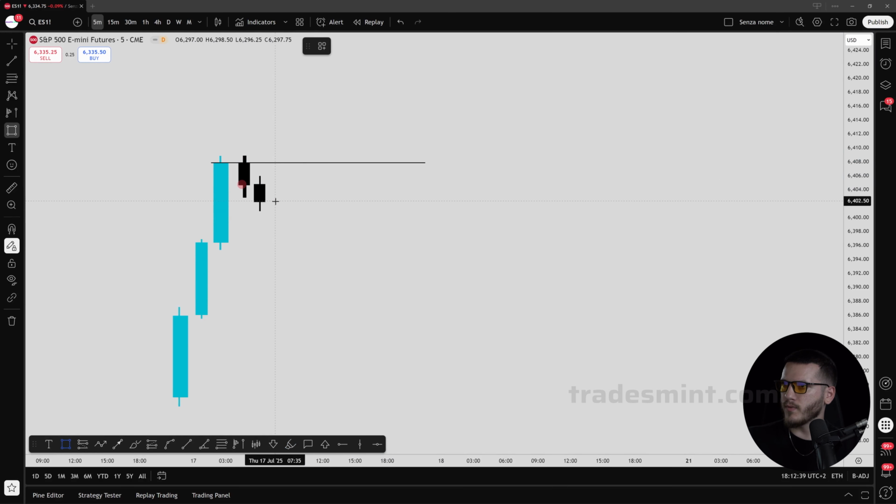Let's say price continues falling a little lower and then starts auctioning higher again. Then there are two candles that close above the latest lower close. This is our lower close of the candle, and we count one close above, another close above.